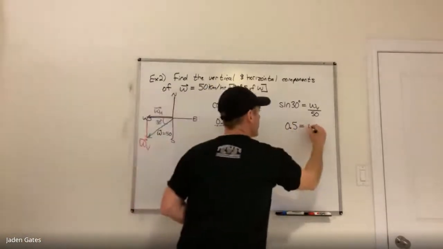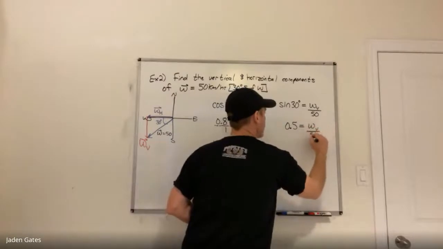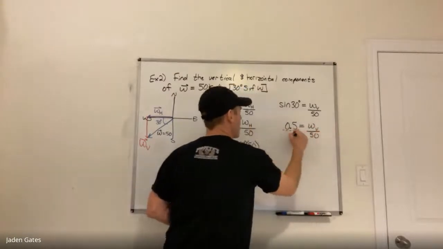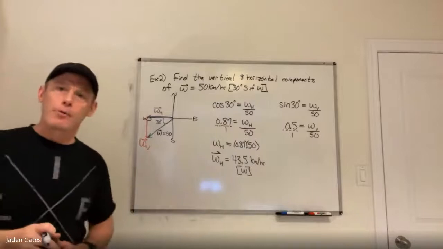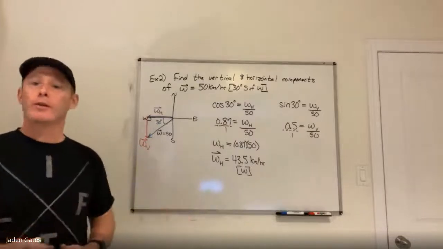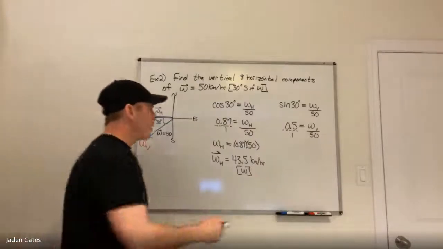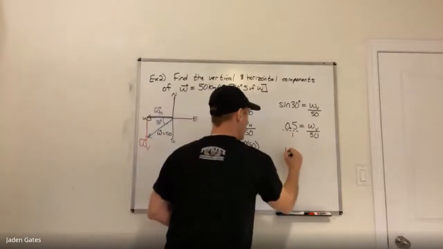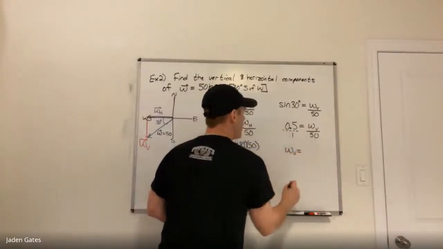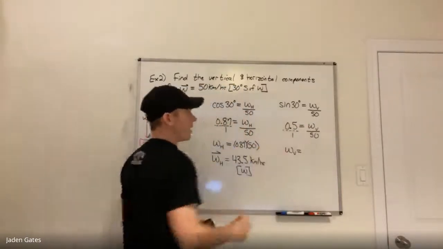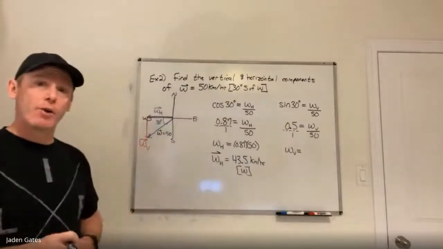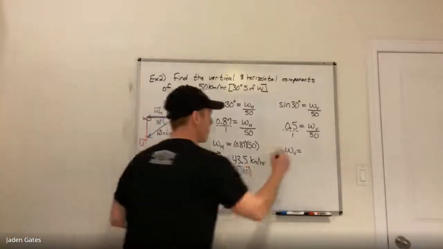So there's my WV divided by 50. Again, because I have a number equaling a fraction, I'm going to create a fraction equaling a fraction so I can cross multiply. So I go 1 times WV, I get my WV. And 0.5 times 50, I don't need the calculator on that one. Half of 50 is 25.